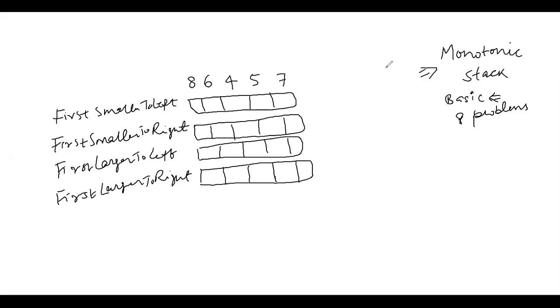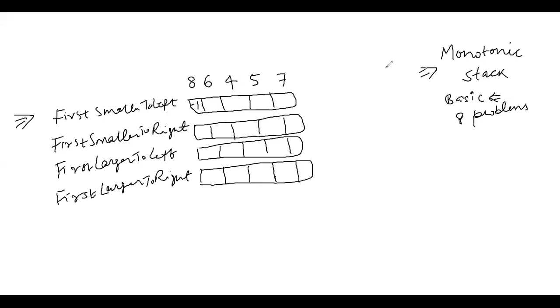So for 8, we'll start with this guy. Work with me, if you have figured it out, tell me, what is the first smaller to left for 8? If it doesn't match, we will put -1 there, by the way. -1.